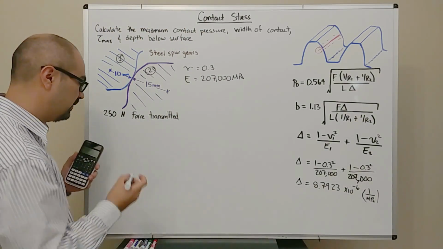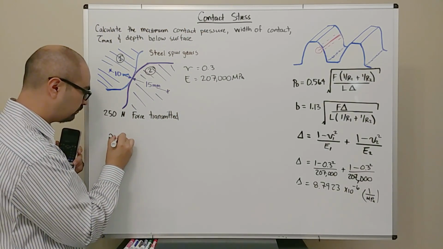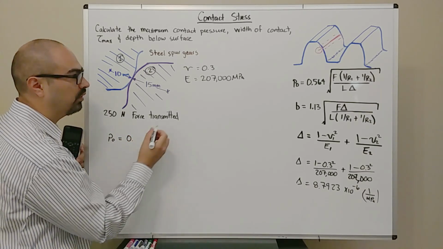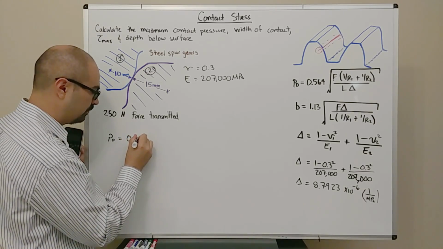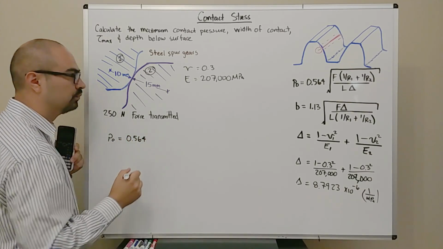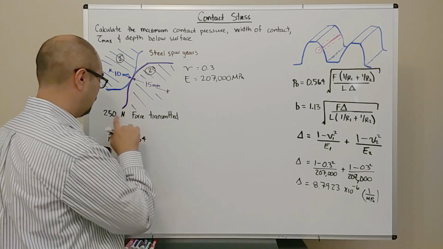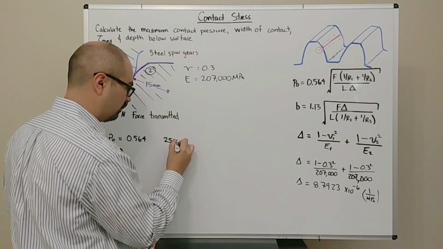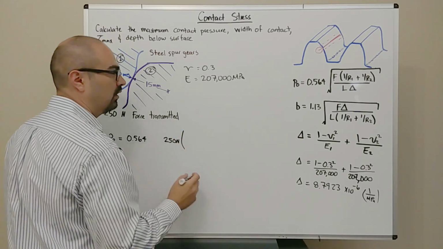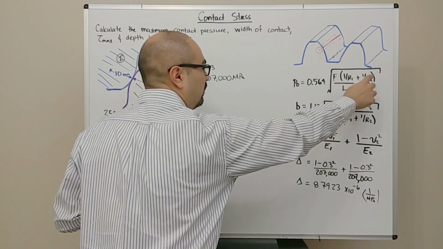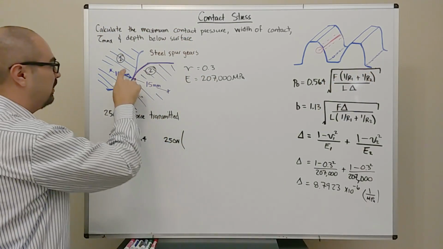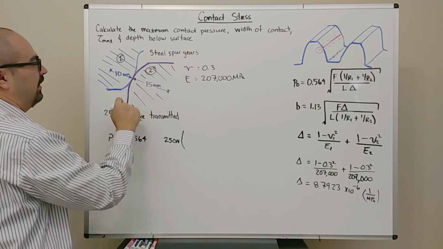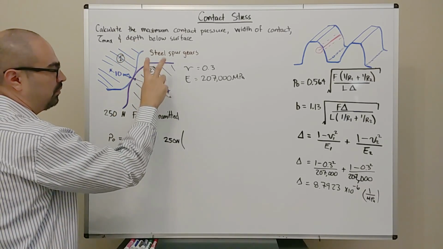So the contact pressure is going to be 0.564 times the force, which is 250 newtons, times the square root of 1 by R1 plus 1 by R2. Here I went ahead and labeled this blue gear as 1 and the purple one as 2.